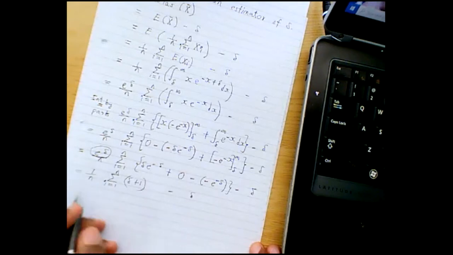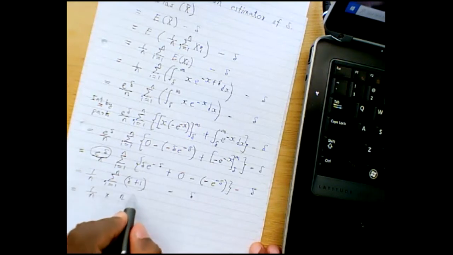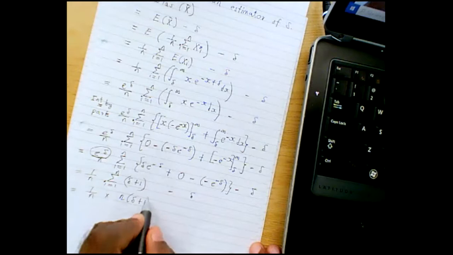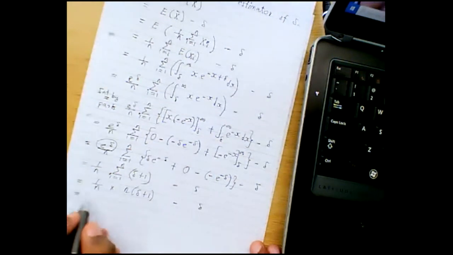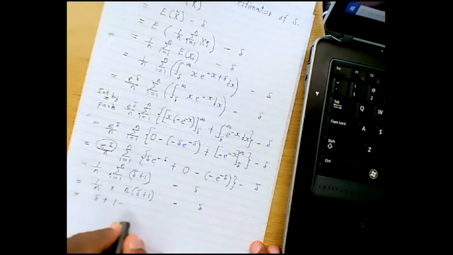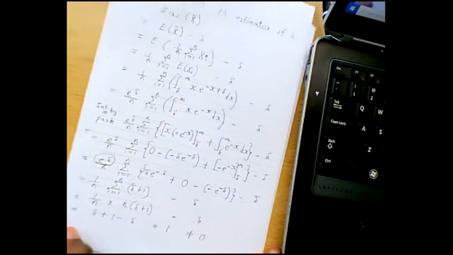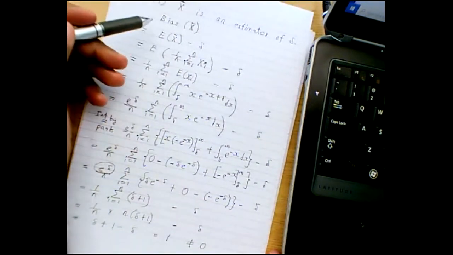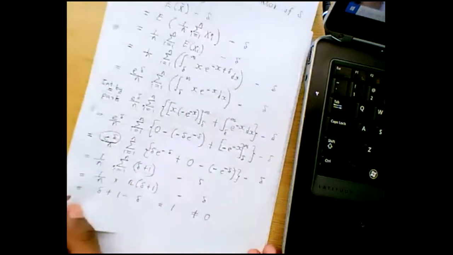Okay. All right. So this becomes 1 over n. This is a constant, so it's going to be n times the constant minus delta, right? So this is going to be delta plus 1 minus delta, which is equal to 1, which is not equal to 0. So hence we have shown that the bias of x bar is a number that is different from 0, right?